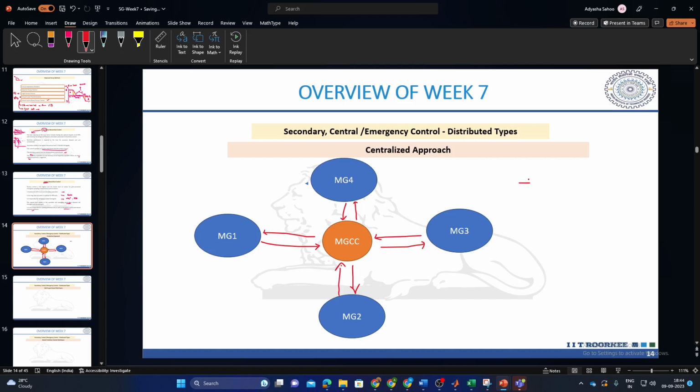The disadvantage here is a single point of communication failure, because if there is a communication failure here, then all these microgrids will be in the dark. They will not know what action to take. So that is one problem. And the communication is also very important: for 4 microgrids we need 8 communication rounds, so a higher communication burden.